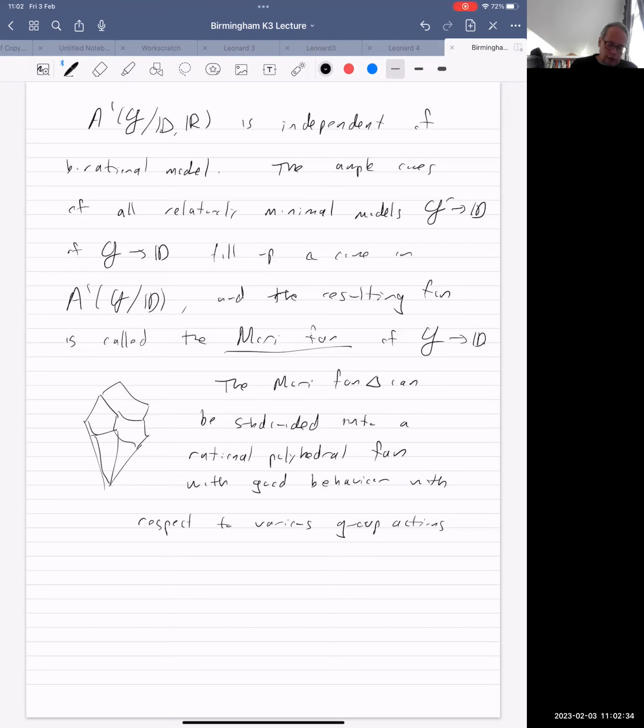So what tends to happen as you go between chambers of the Mori fan is that maybe you subdivide and nothing happens as you go between two chambers. But in general, if you pass from one chamber to another, this will correspond to a flop, say Y to Y prime to Y double prime.